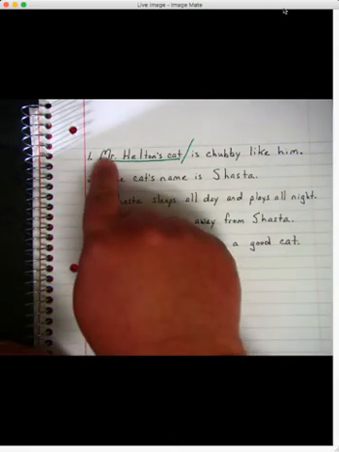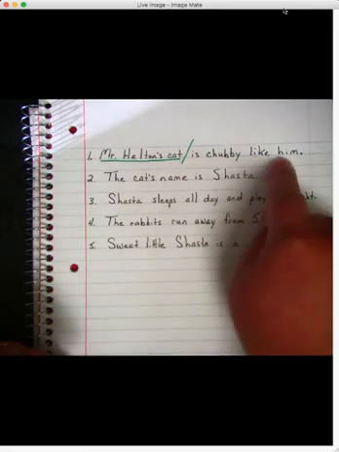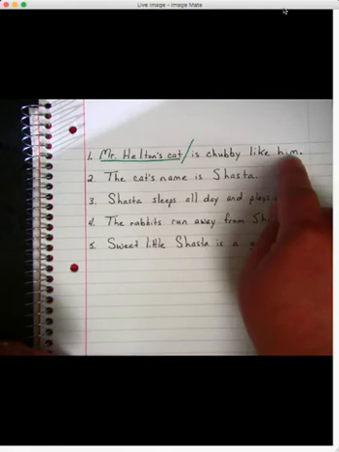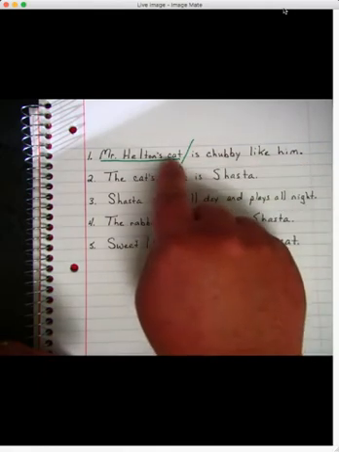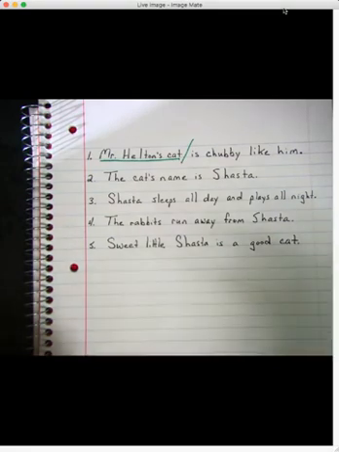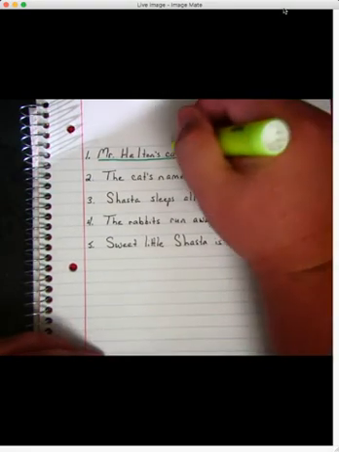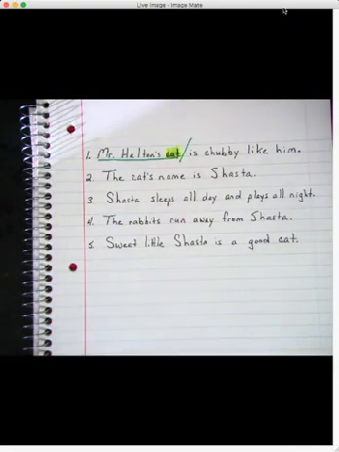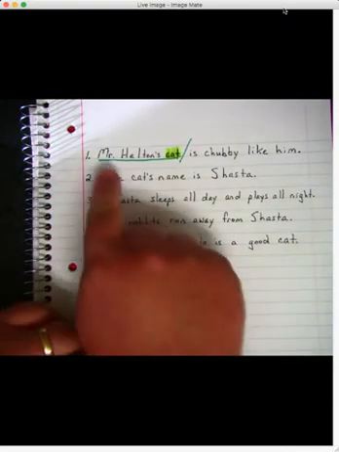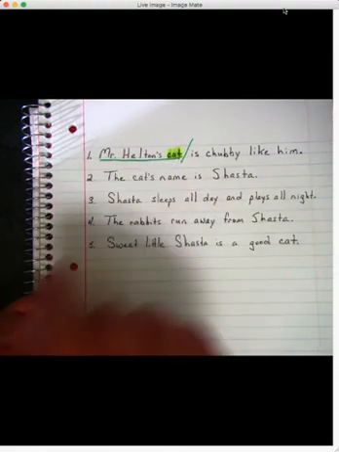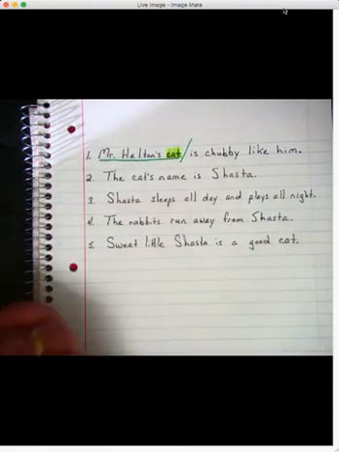Do you think it's about Mr.? Mr. is chubby like him? No. Helton's is chubby like him? No. Or is this sentence saying the cat is chubby like him? That's it, isn't it? This sentence's simple subject is cat. So I'm going to highlight that there. The simple subject is cat. So the whole subject or complete subject is Mr. Helton's cat, but the one word the sentence is about is that cat.